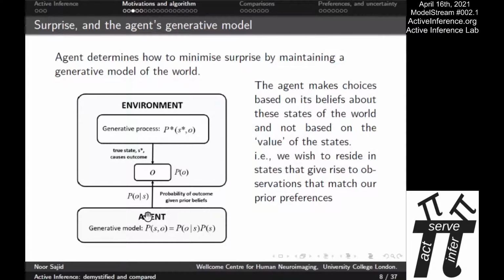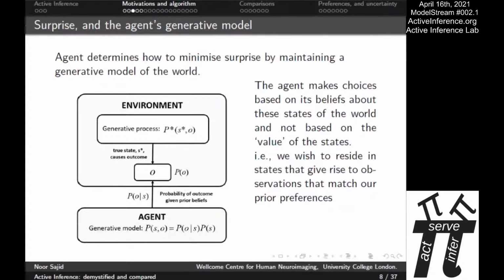So in this particular graphic that you see here, you've got the environment and the agent interacting with it in a particular way, being exposed to the sensory signal, but it doesn't know what the outcome O was really generated by. So it can only perceive itself and the world around it through only the O, and it needs to make inferences about what type of states or true causes were responsible for the particular sensory input that it's being exposed to.